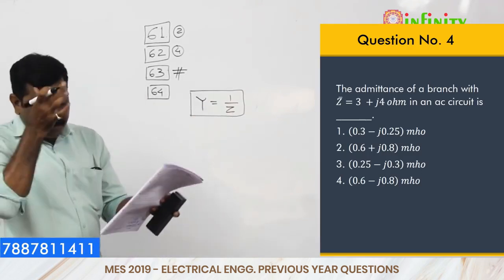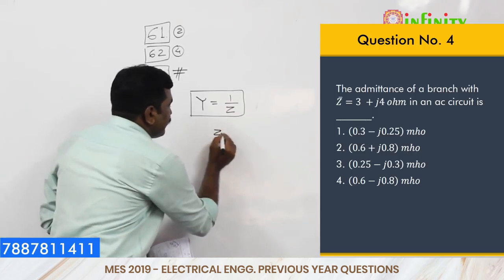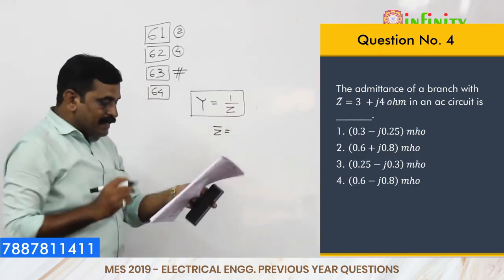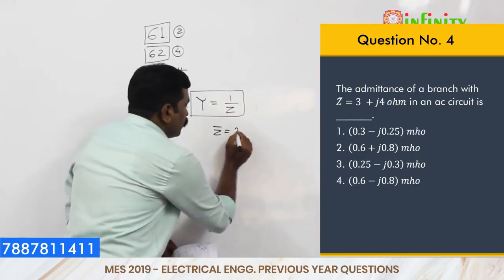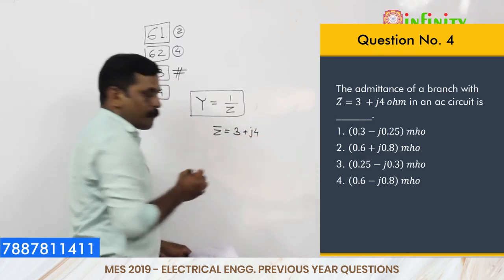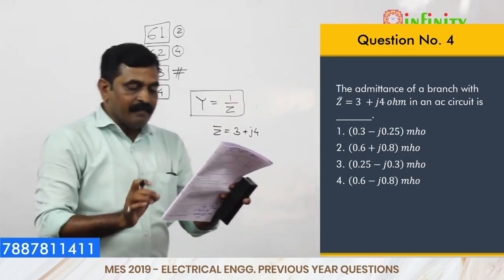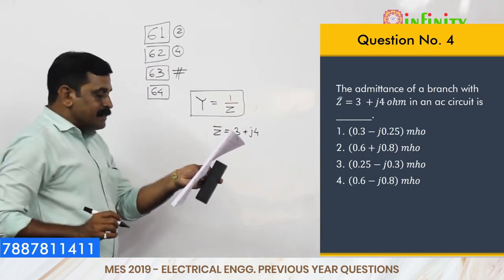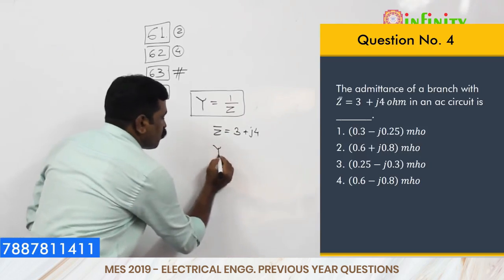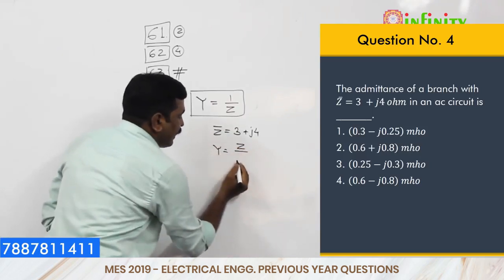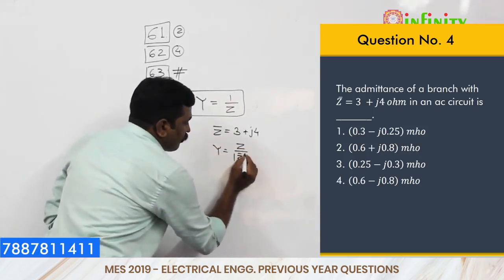What is given in this particular equation? That Z bar is given, and that is the value 3 plus J4. Now what is the question: the admittance, that means Y, is nothing but the Z divided by Z mod.